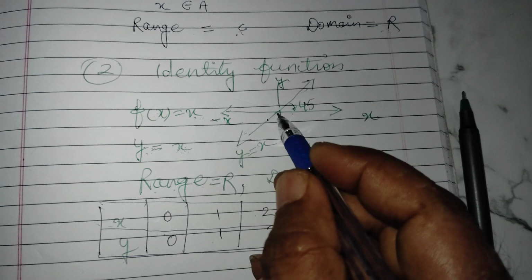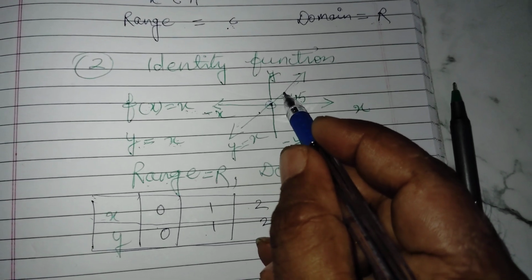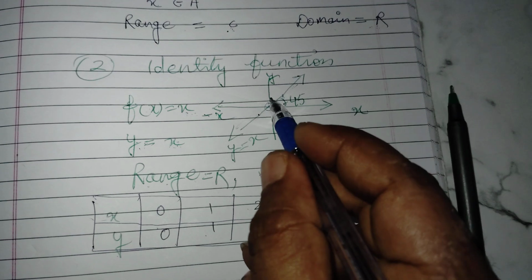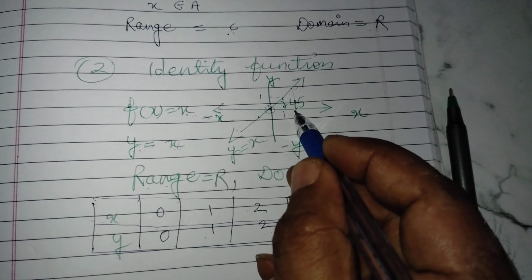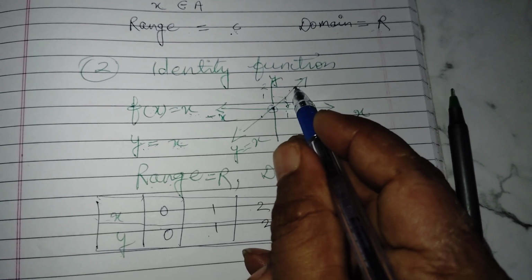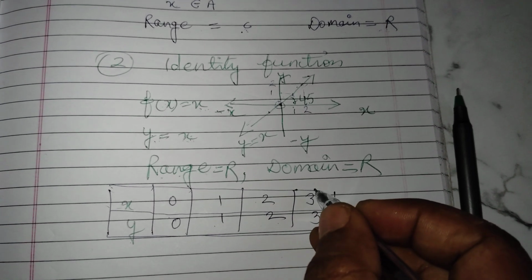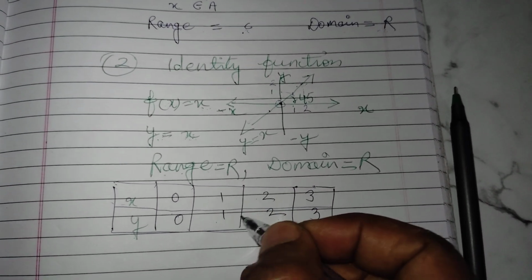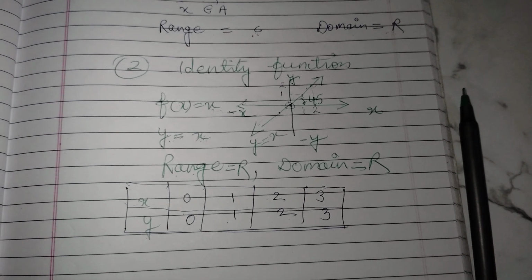These are the points. This is 0 0, the origin. Now 1 1, suppose x1 and y1. Similarly 2 2. So this type of infinite points we can generate. To draw the graph we need a minimum of 2 points; maximum we can take 4, 5, any more than 2.